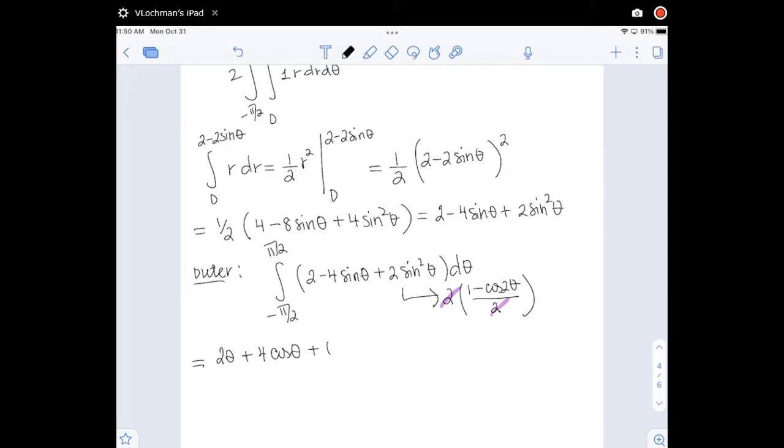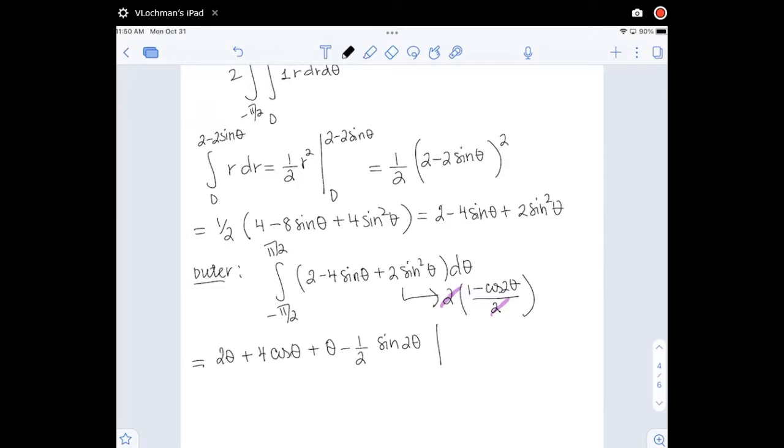So that would be plus another theta here, and then negative cosine of 2 theta. The antiderivative there would be what? Negative 1/2 sine, not cosine. I'm already integrating cosine of 2 theta. So 2 theta plus 4 cosine theta plus theta. That's 3 theta, right?